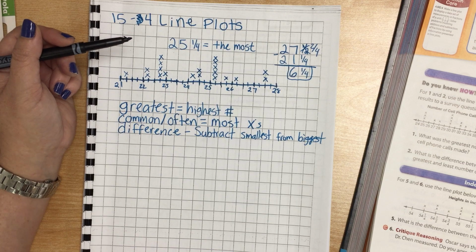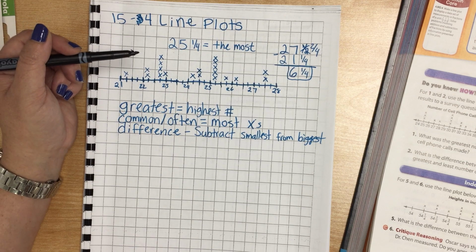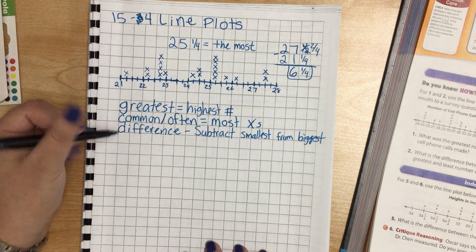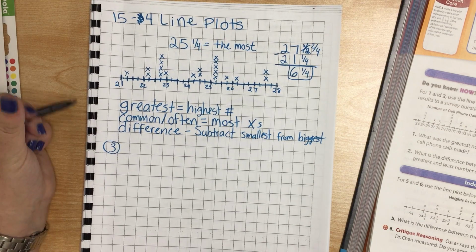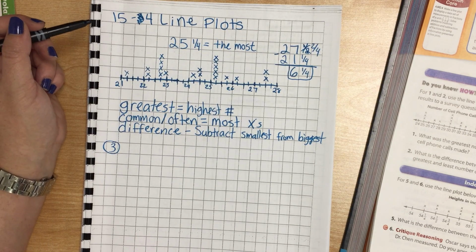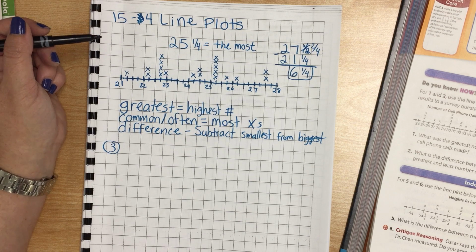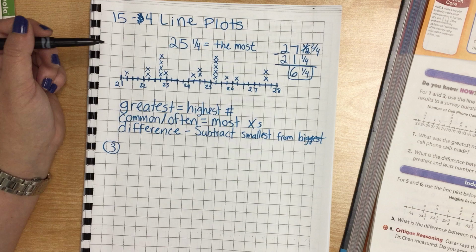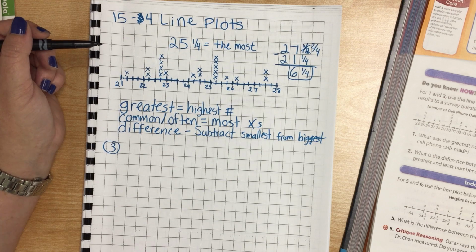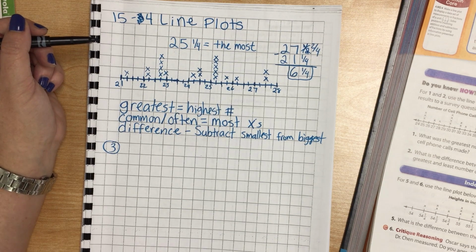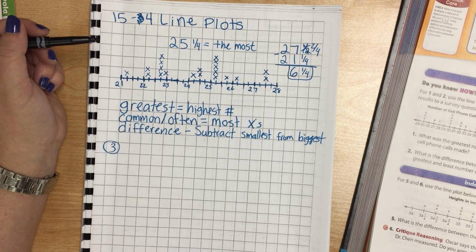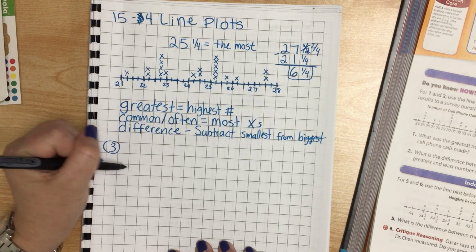All right, so let's do one more together. We're going to do 3 and 4. So on number 3, it says make a line plot of the data. All right, first step, find the smallest number. So I'm looking. My smallest number is 4, all right?